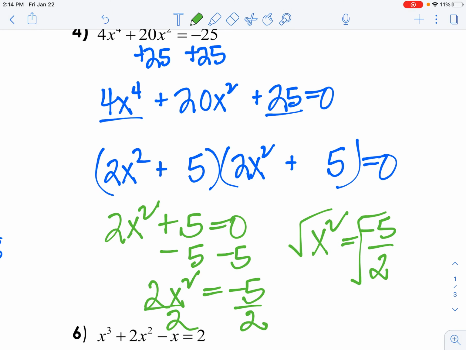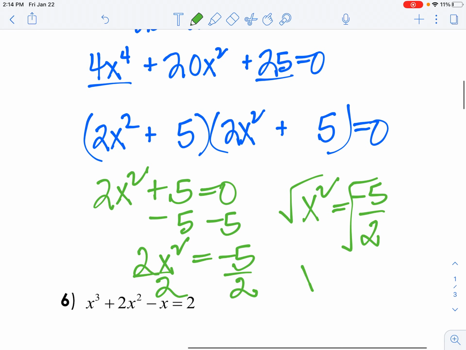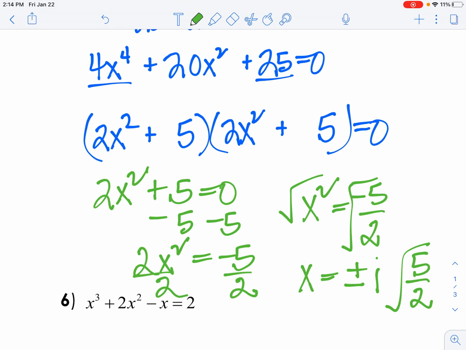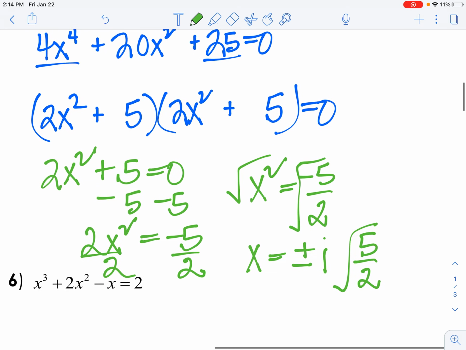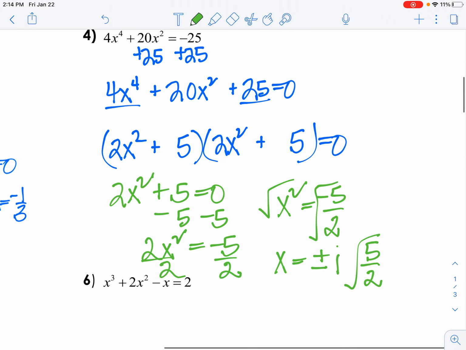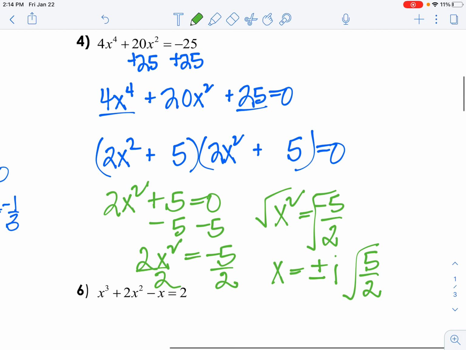And we square root. Now when we square root, we remember our plus or minus. We remember that i, and then we have the square root of 5 over 2. We could simplify that radical by rationalizing, but we didn't learn how to do that earlier in the year, so we are just going to stick with that as our answer.